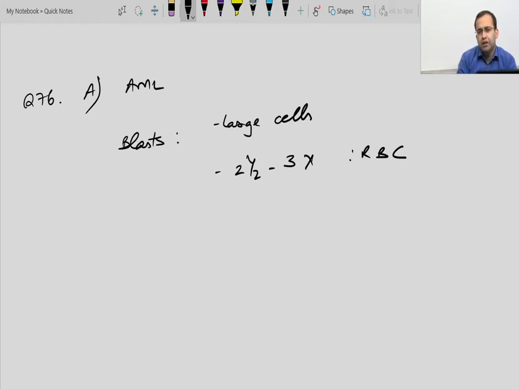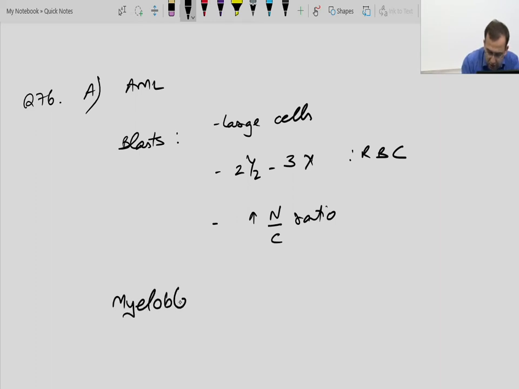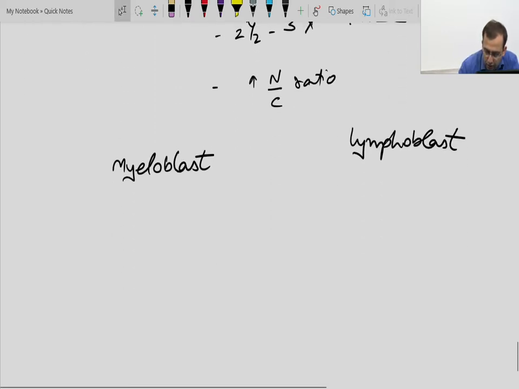I am comparing here with an RBC because in the field you might not be able to see a lymphocyte. Next, they have a high nucleocytoplasmic ratio. Now there are two types of blasts, myeloblasts and lymphoblasts. When a patient of acute leukemia comes to us, our primary aim is to differentiate a myeloblast from a lymphoblast. How do we do so?